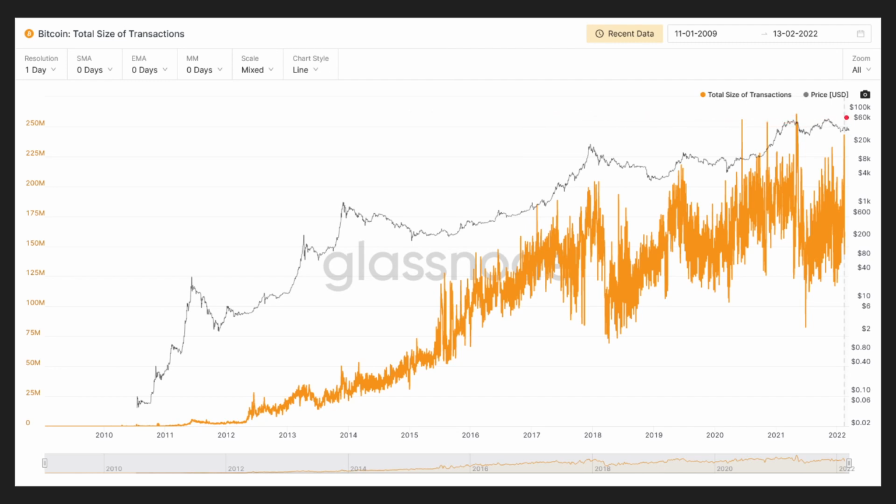We have reached some sort of a point of stability, particularly from this high point in 2019 and this low point in 2020, where it seems like this range of about 210 million to a low of maybe 100 million is about the range that the total size of transactions on a daily perspective seems to have stayed within.